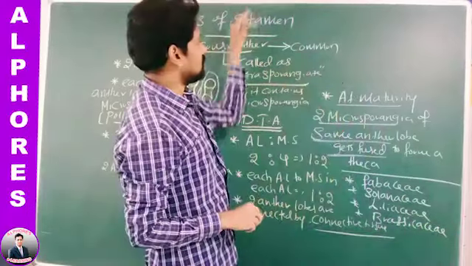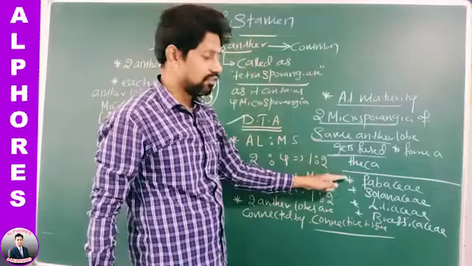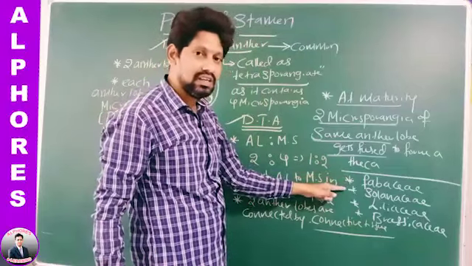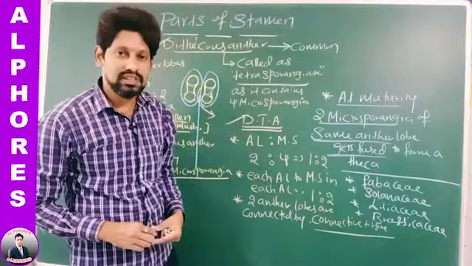Which type of anther is common? Dithecous anther is common, seen in Fabaceae, Solanaceae, Liliaceae, Brassicaceae. Right? Stay home, stay safe. Thank you.